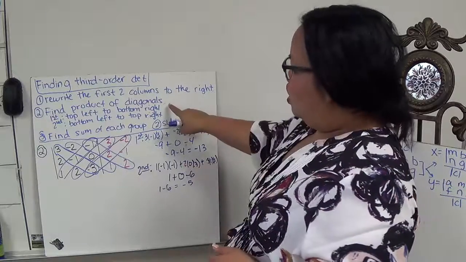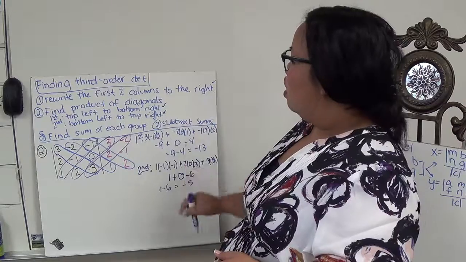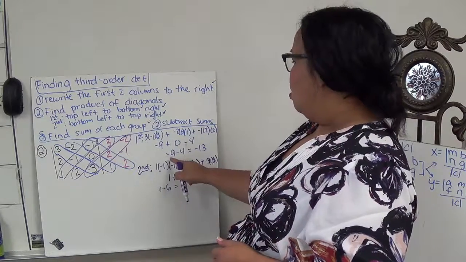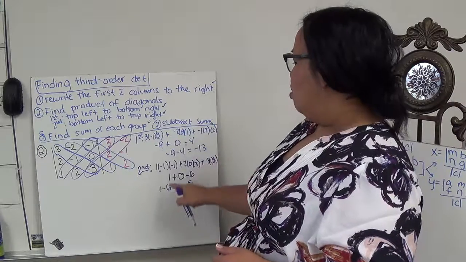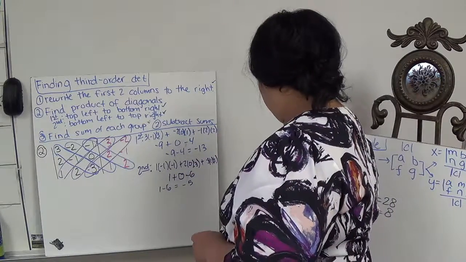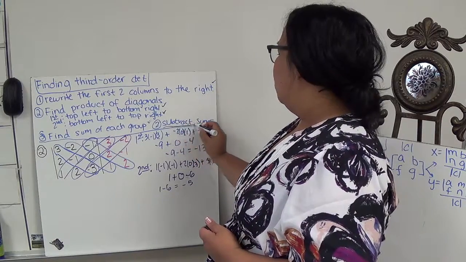So we've done these two, and I'm going to find the sum of each group. I added them together. The last thing I'm going to do is subtract the sums.